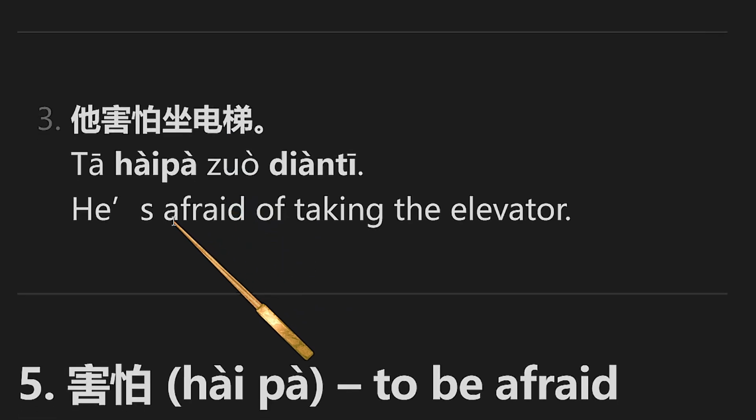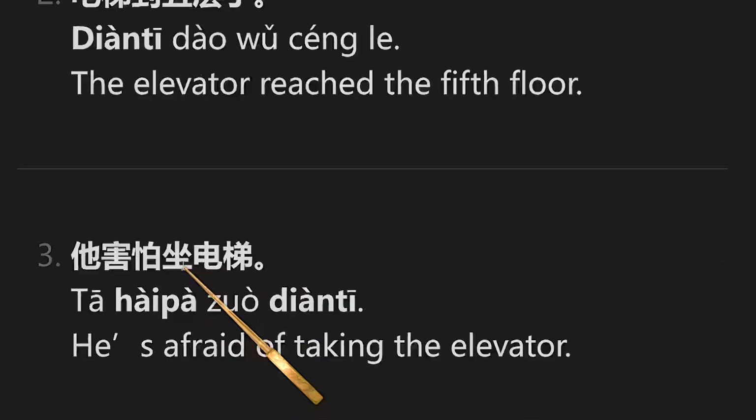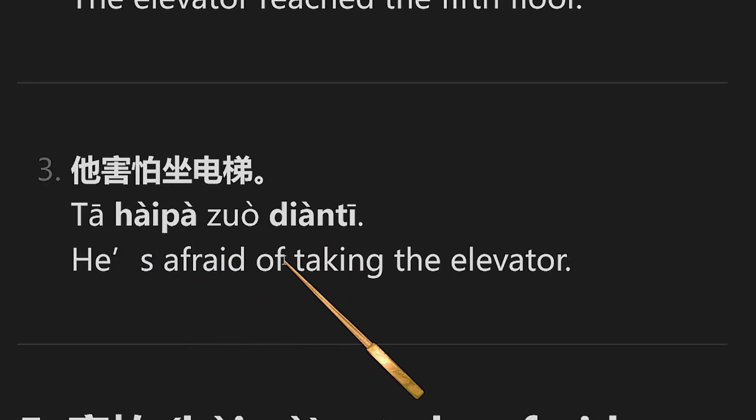Next one. He's afraid of taking the elevator. 他害怕坐电梯. As you can see, our next word for today and last one is 害怕, to be afraid of something. So he's afraid of taking the elevator. 他害怕坐电梯. Here, 害怕 to be afraid of something. 坐电梯 to sit on the elevator. 电梯 electric ladder.